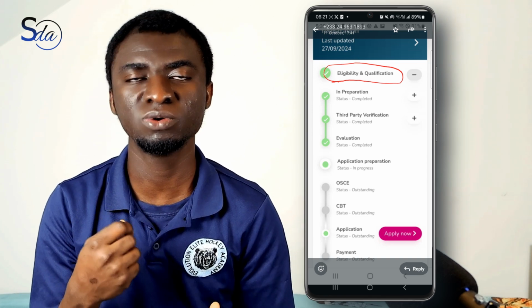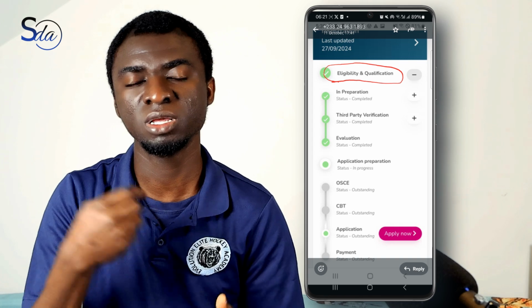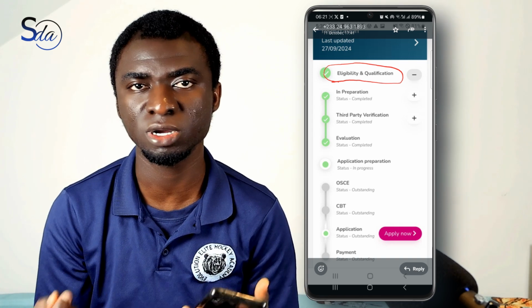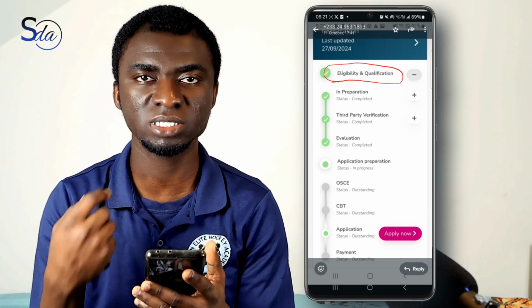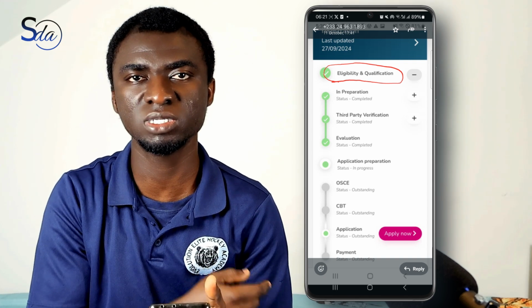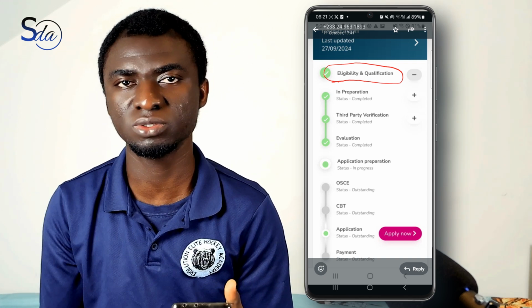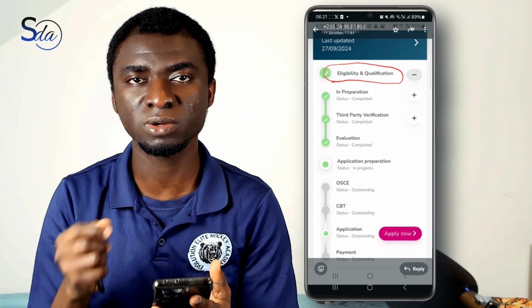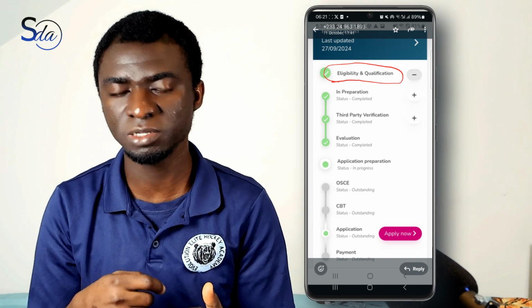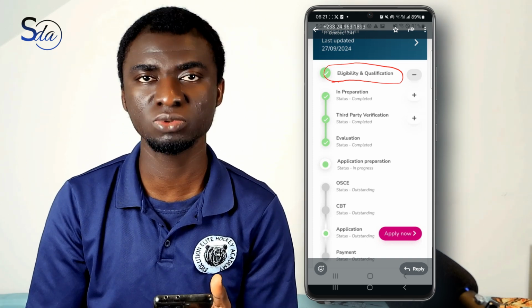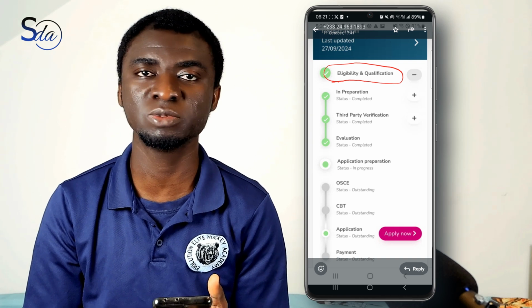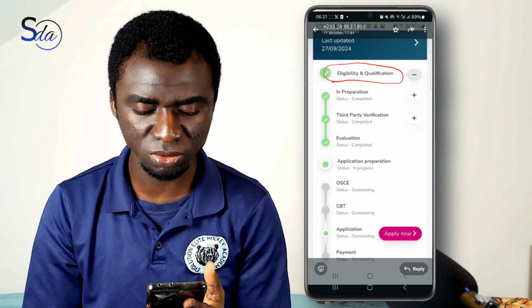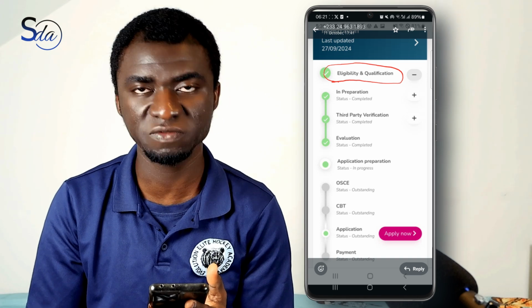This means they're going to liaise with your home country NMC to ask a couple of questions about you, as to whether you were practicing back in your home country and what field of nursing you were in. They do this background check, after which they will say you are eligible to join their register. So they do this under eligibility and qualification.